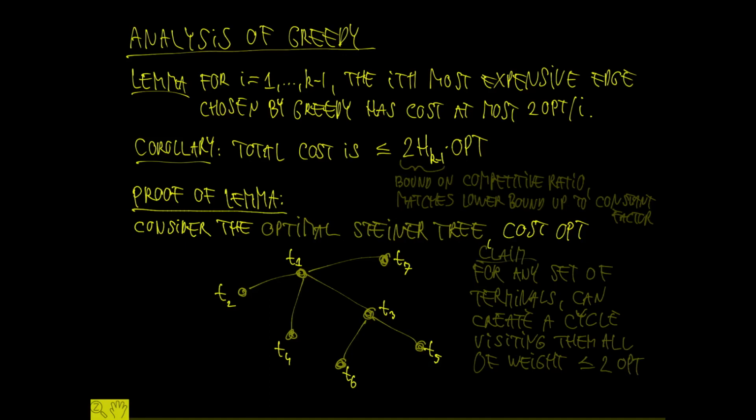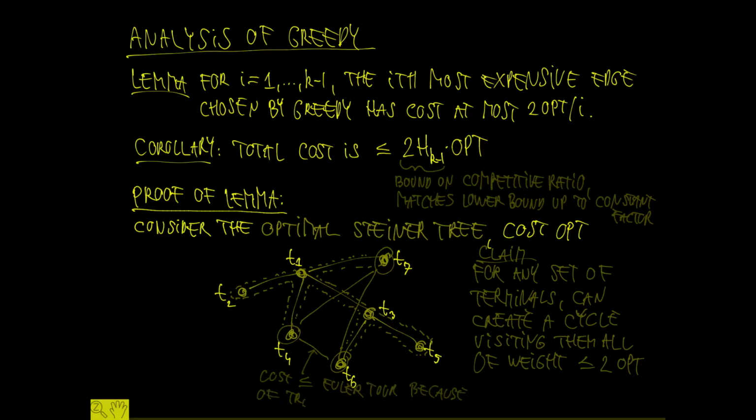So why is this true? Now we can use a technique that is a little bit similar to what we used when we considered traveling salesmen. So we look at the Euler tour around the tree, which has length exactly 2 times opt, and we take the ordering of the terminal nodes that we are interested in that corresponds to the Euler tour.